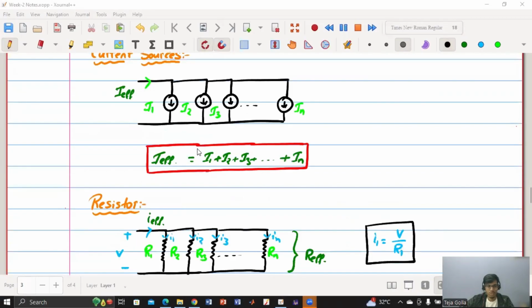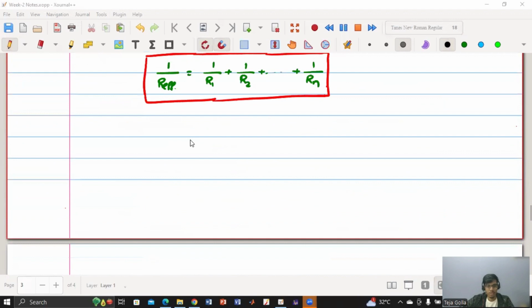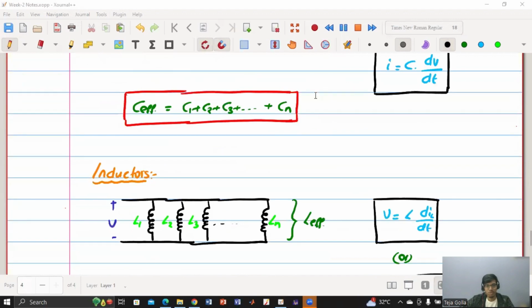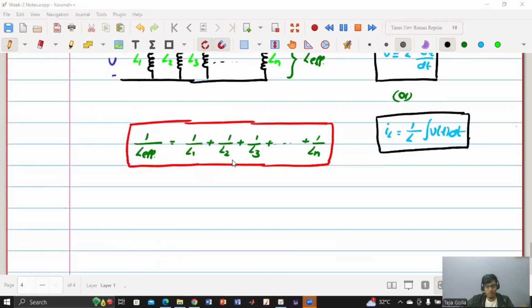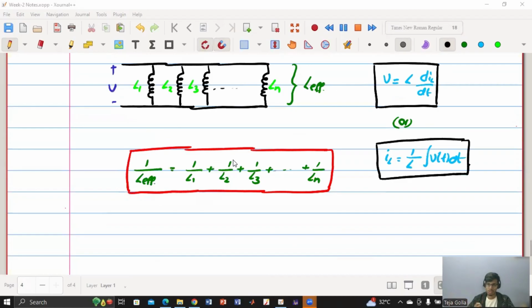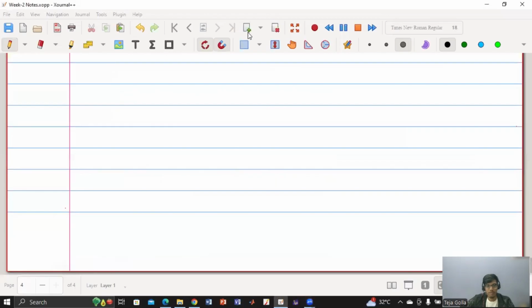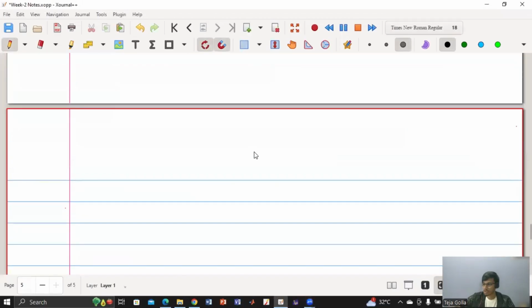Then current sources, then resistors, then capacitors, and then inductors. Is it clear until this point, or do you still have any doubt before we move on to the control sources, which is a very interesting and also very important topic? If you have any doubts, you can ask. Else, we'll quickly move on to the control sources.